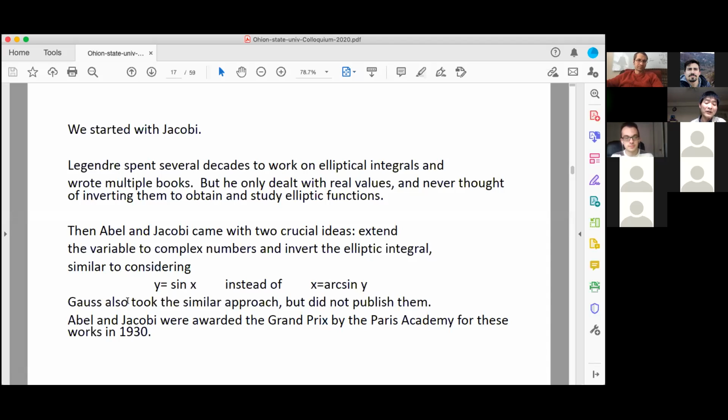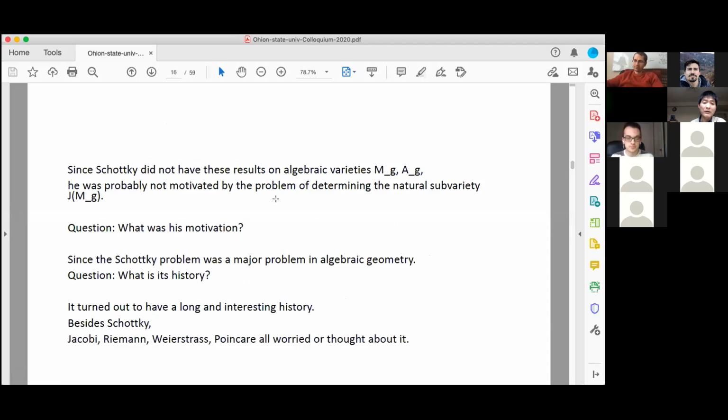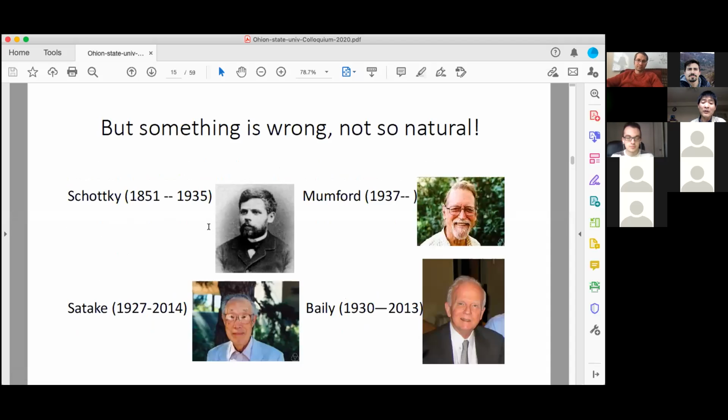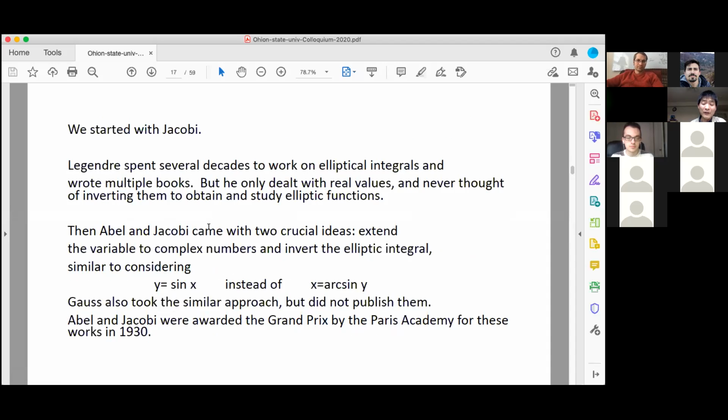Gauss, of course, had a similar idea, but he only wrote it down in his diary and never published it. Abel and Jacobi were awarded the grand prize by the Paris Academy in 1830.